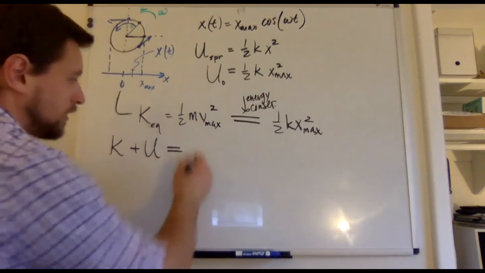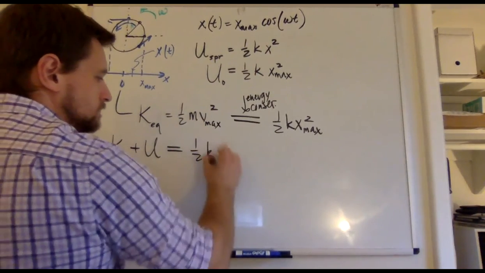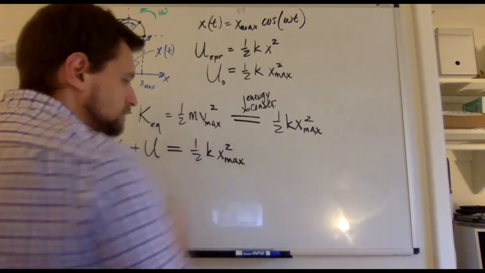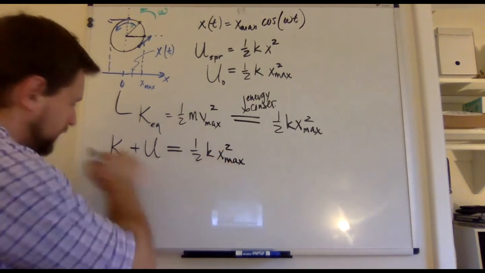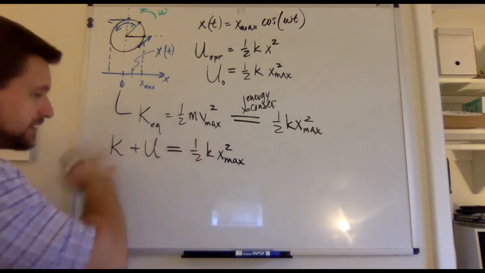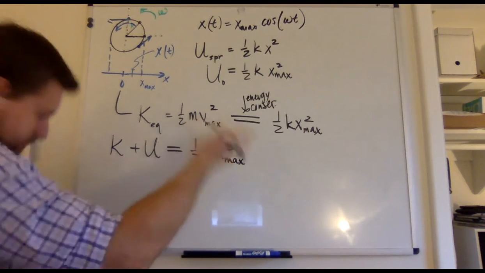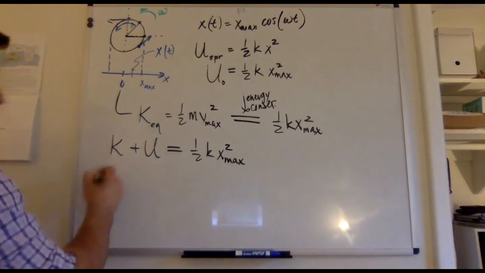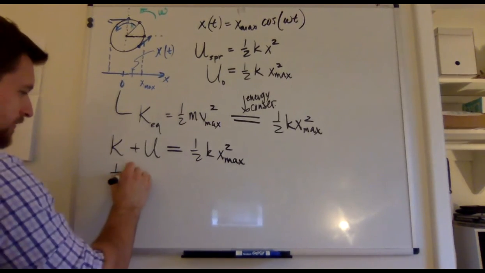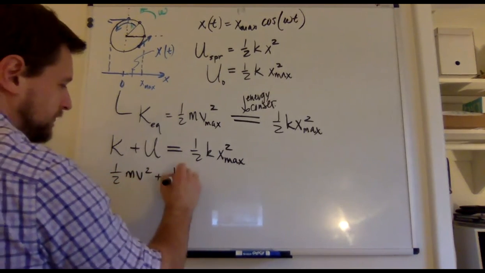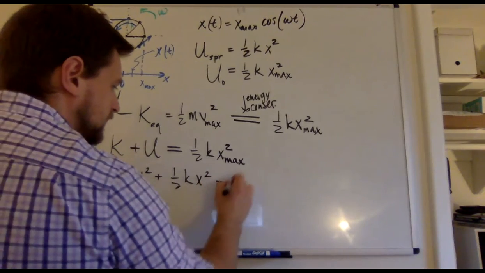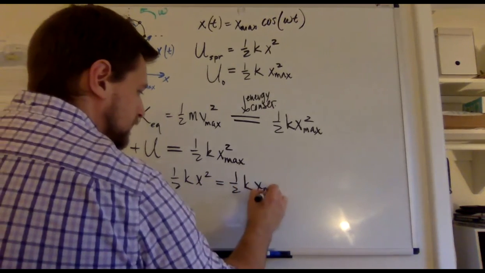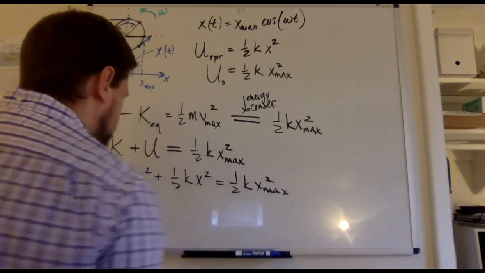So whatever kinetic and potential we've got going on, they need to add up to this. Generally, we're talking about 1/2 mv squared plus 1/2 kx squared equals 1/2 k x max squared.